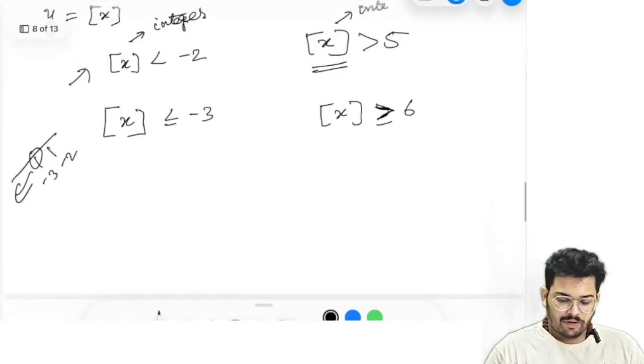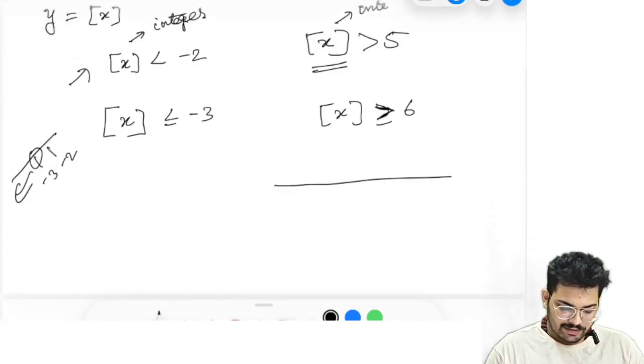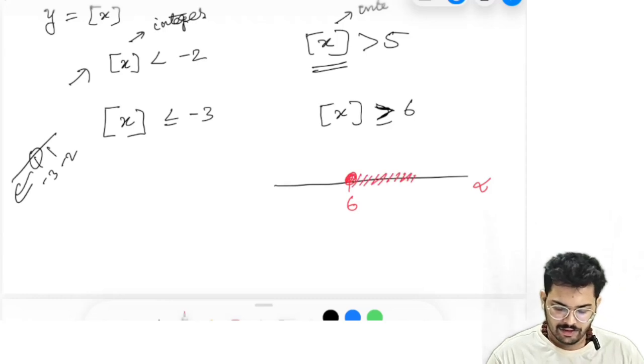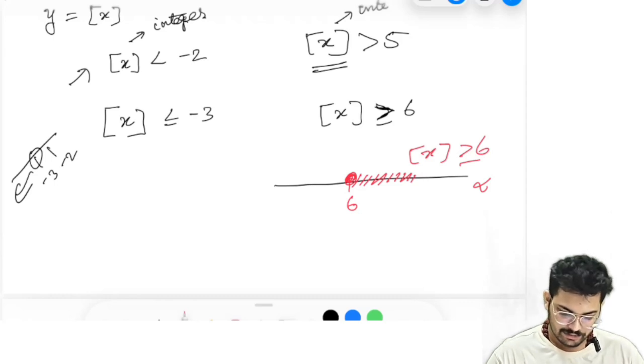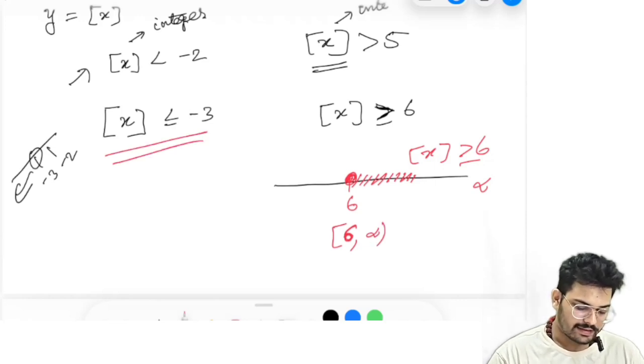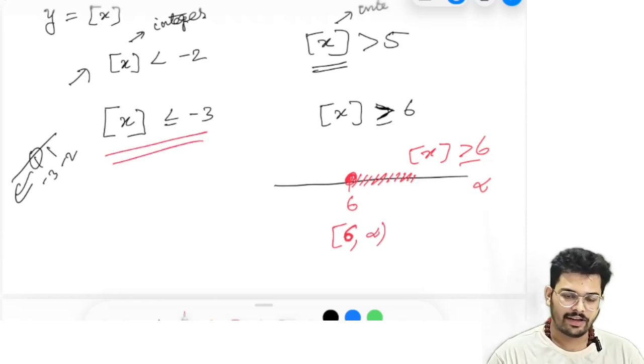Now, box x is greater than or equal to 6 means on the number line, if you take 6 over here, from 6 to infinity, all numbers will give you box x values greater than or equal to 6. So this region will be closed 6 comma infinity. And here box x value is less than or equal to minus 3.